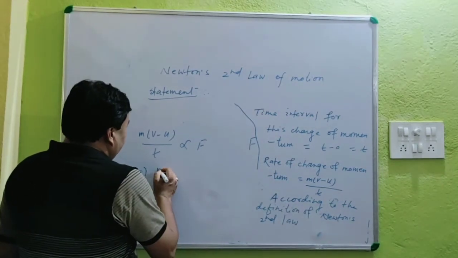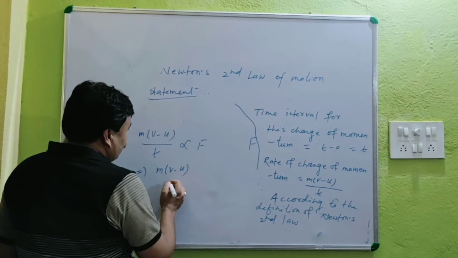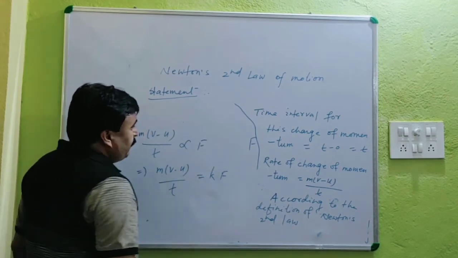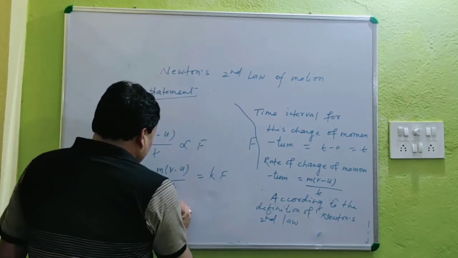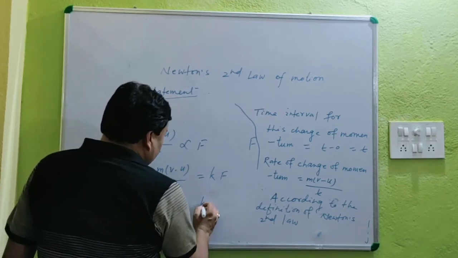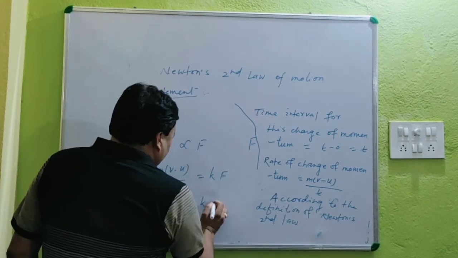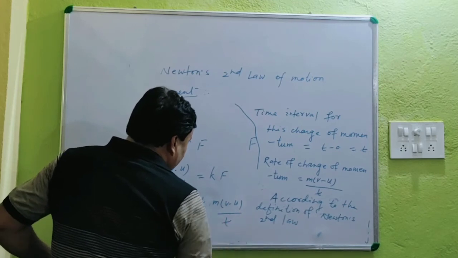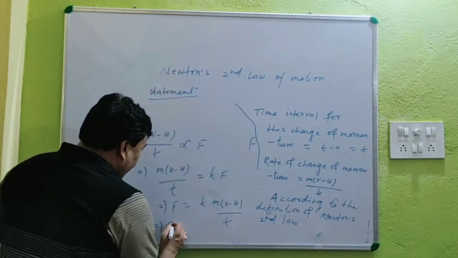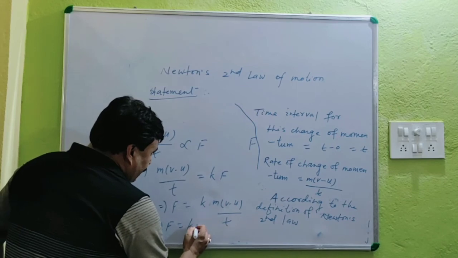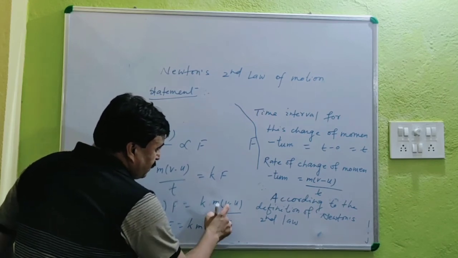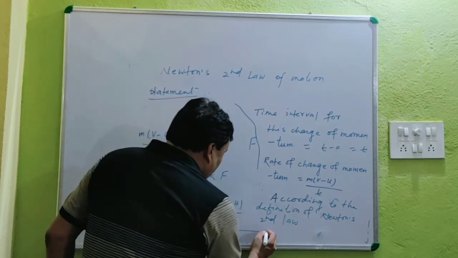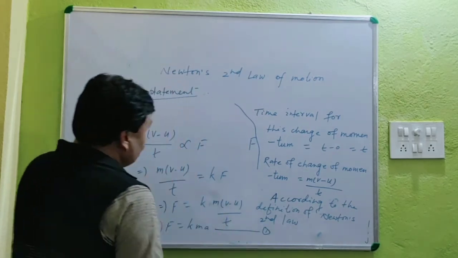So m(v minus u) by t is equal to kF, or F equal to k m(v minus u) by t, or F equal to k m a, since change in velocity per unit time is called acceleration. This is called equation number 1.